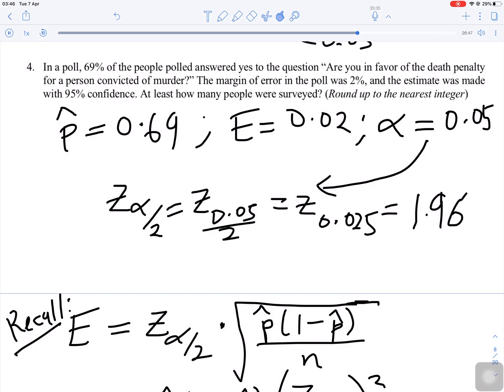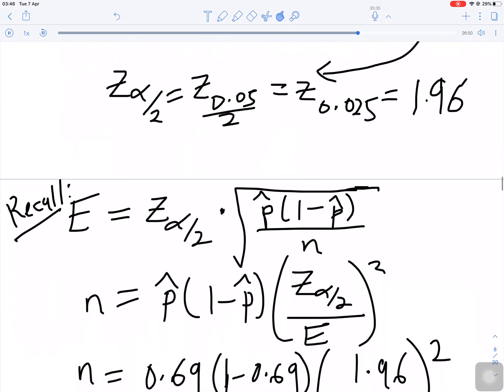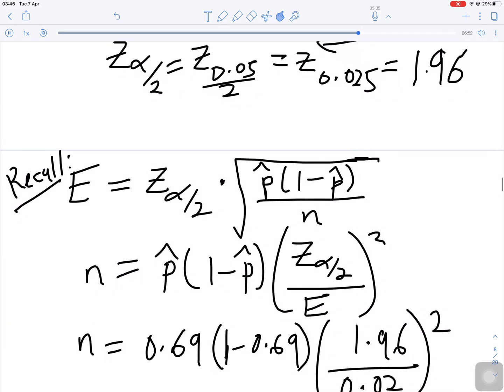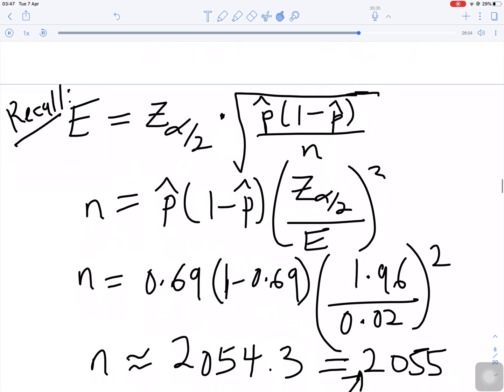So with these values given, let's see if we can determine the number of people that were sampled. Remember, in the confidence interval expression, the side which contains n, because n is what we are looking for, is the equation for margin of error. So margin of error equals the critical value, which is z alpha over 2 times square root of p cap times 1 minus p cap over n.